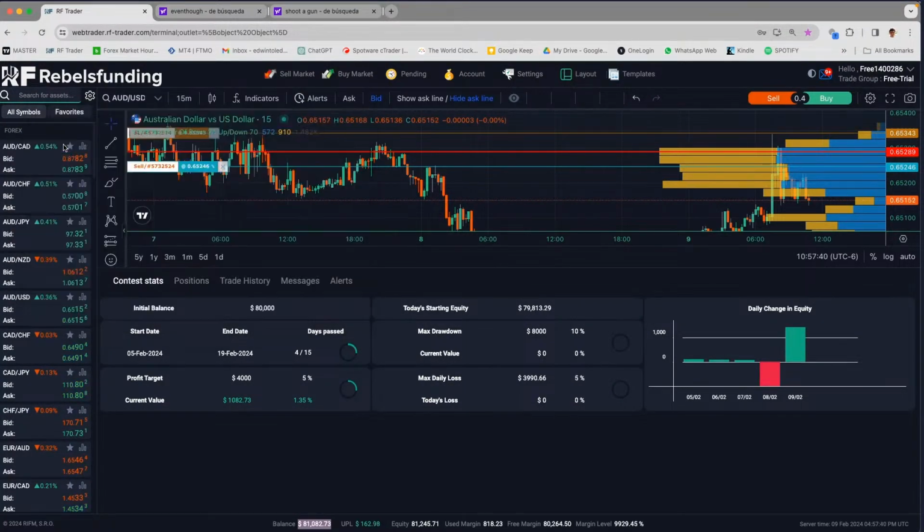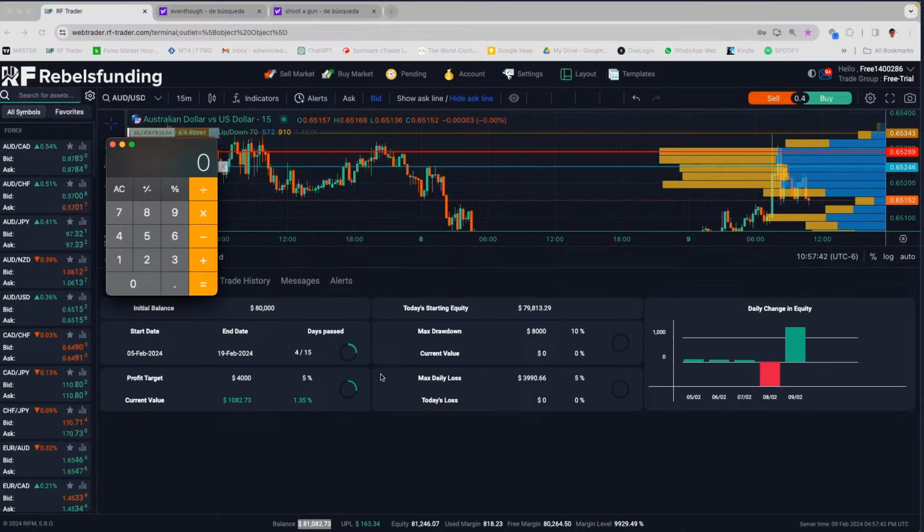I'm not counting the open earnings, just whatever is closed already. So it's going to be 81,082 minus how it started today, 80,676. That's 406. So that's 0.5% actually, or even a little bit less.